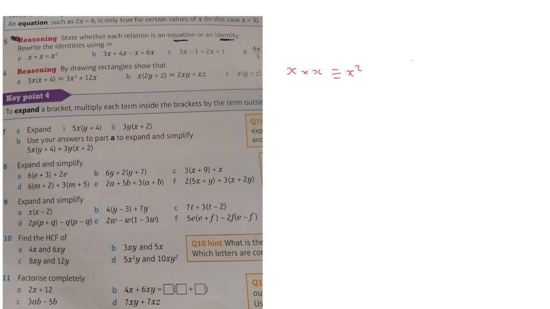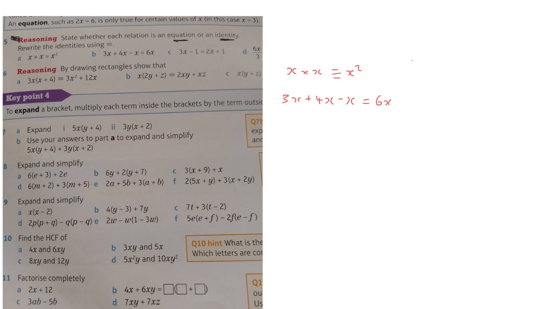Okay, and then on the other side where we have 3x plus 4x minus x equals 6x. Obviously, for any value of x, this is also going to be an identity, and not an equation, because any value of x will satisfy that equation.